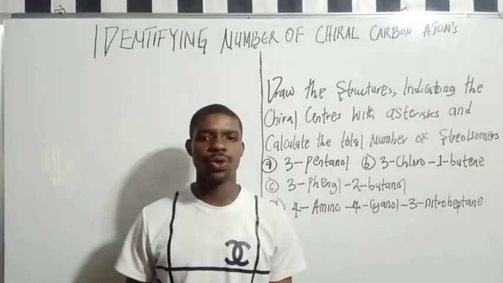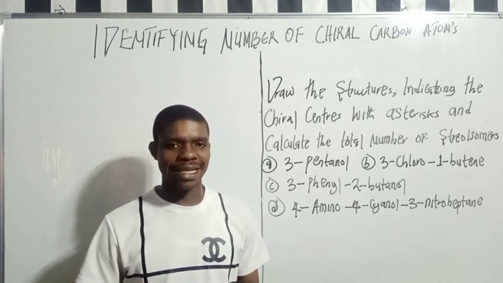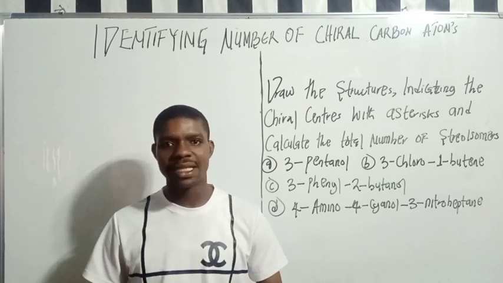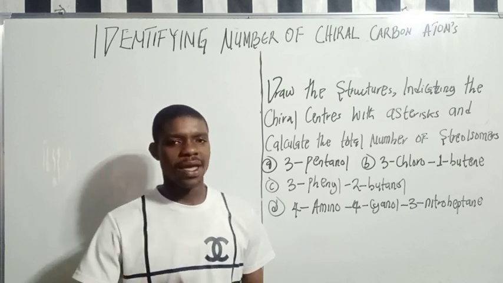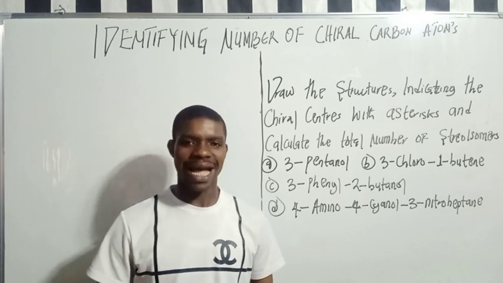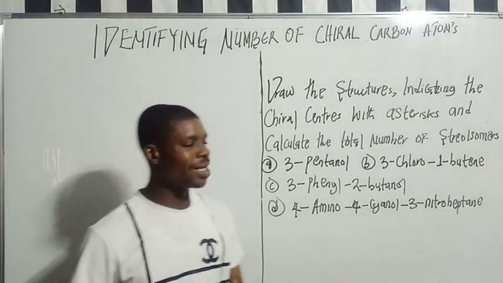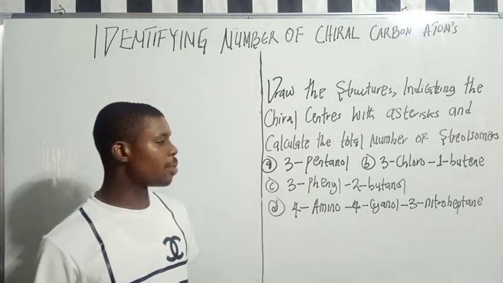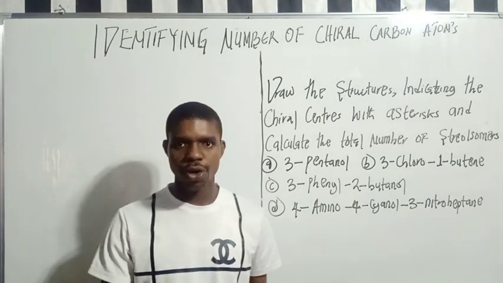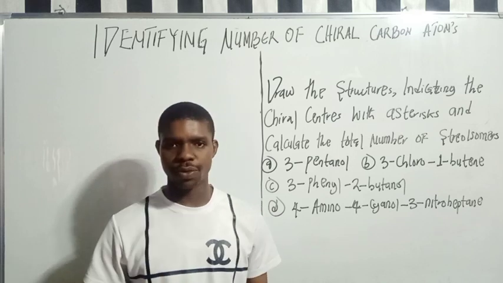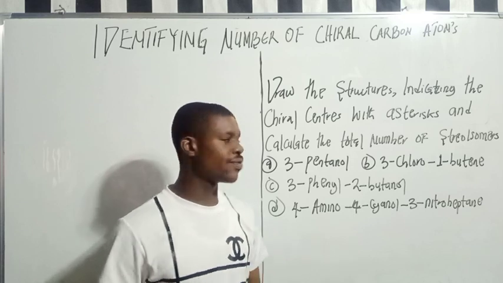If you are still having issues with the nomenclature of organic compounds, I have a complete playlist on alkanes, cycloalkanes, ketones, aldehydes, carboxylic acids, and the various functional groups. I will leave the link in the description below where you can access the complete playlist. I've also done a complete video on using the IUPAC name to draw the structure of an organic molecule, so you can check out that video at the end of this video.